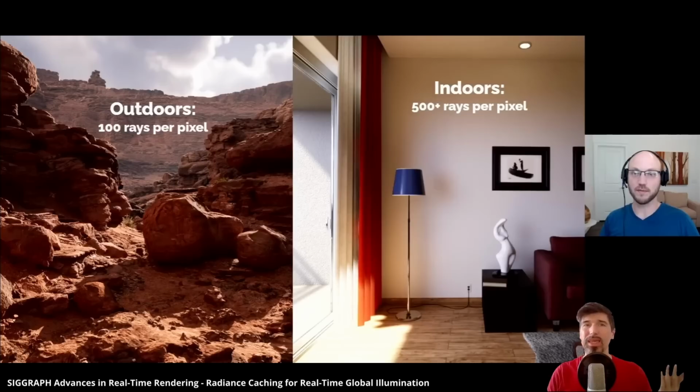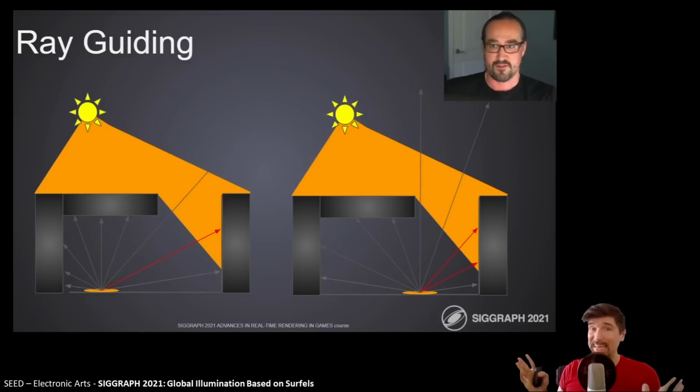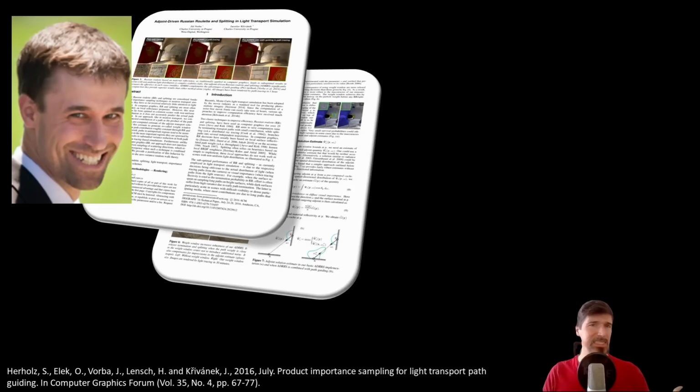So we have to get even better at choosing the direction of our rays. And how does Lumen do this? Lumen uses ray guiding, which is a very real-time friendly way of doing importance sampling, just shooting rays where they matter most. This concept existed in the 1990s but was abandoned due to bottlenecks that disappeared in 2014, when Jiří Vorba and his colleagues were among the first to revive the process as path guiding.